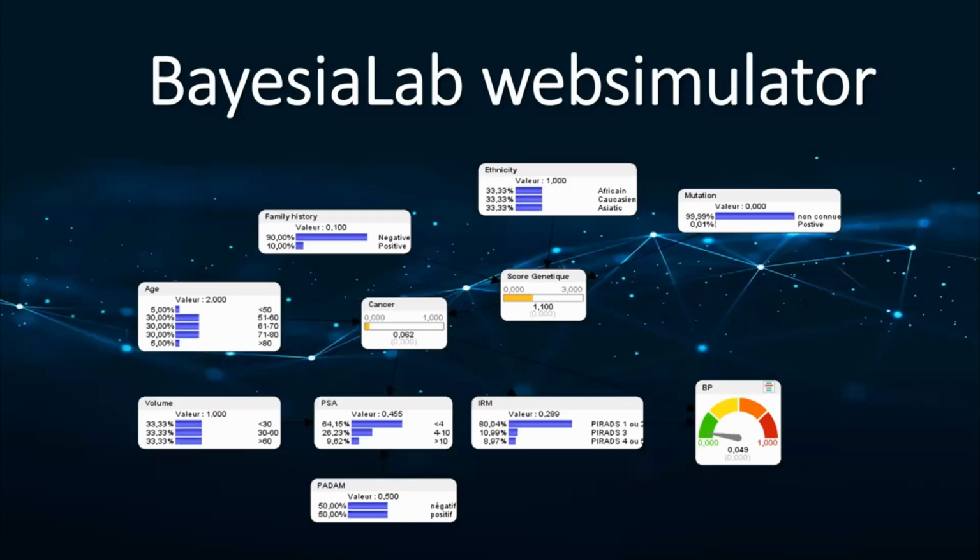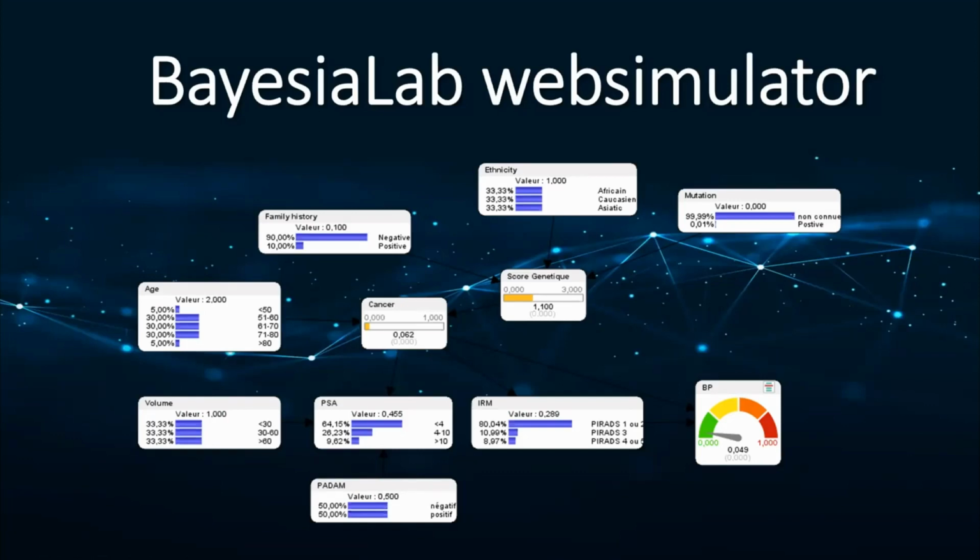And from that, we have developed a web simulator with BayesiaLab, with different factors: age, family history, ethnicity, genetic mutation, prostatic volume, prostate-specific antigen, change in the androgen level, which also includes obesity, for example.